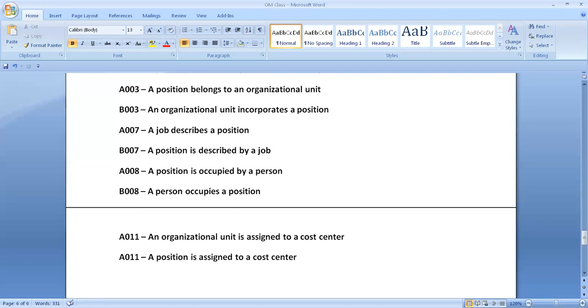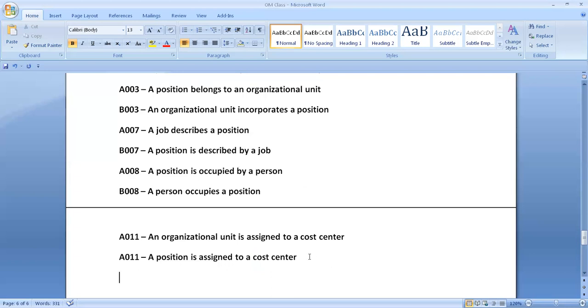So there is one exception to the relationships that we have talked about. Because cost center is an element of the controlling team, meaning SAP FICO, finance and controlling.